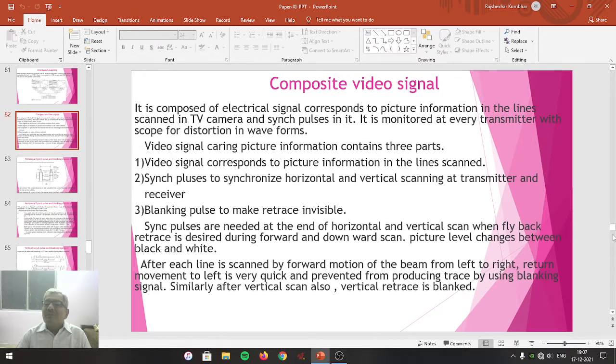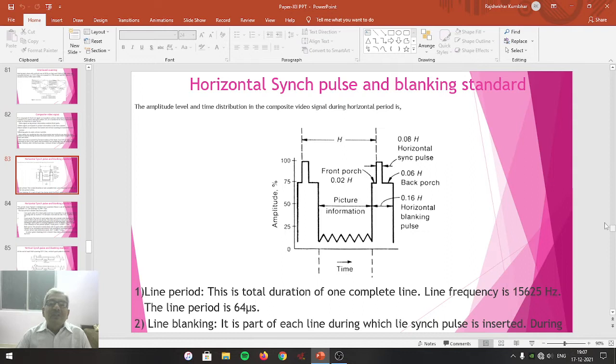Friends, these composite pulses have their own standards. Those are known as horizontal sync pulses and their blanking standards, and also vertical sync pulse and its blanking standards. Let me begin with horizontal sync pulse and blanking standards.